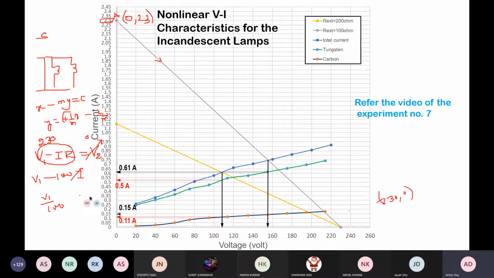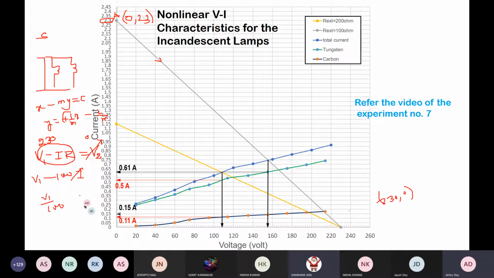So V1 is the total voltage, V2 is the voltage across the lamps, and this is the drop, IR is the drop across the external resistance which is working as the load over here. Understood? So I is equal to V1 by R minus V2 by R. Clear?